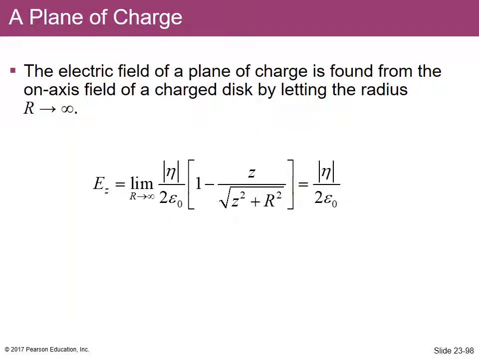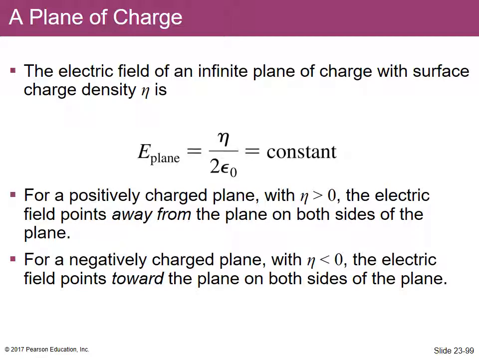The electric field of a plane of charge is found from the on-axis field of a charged disk by letting the radius go to infinity. The electric field of an infinite plane of charge with surface charge density eta is constant. It does not depend on distance from the plane.